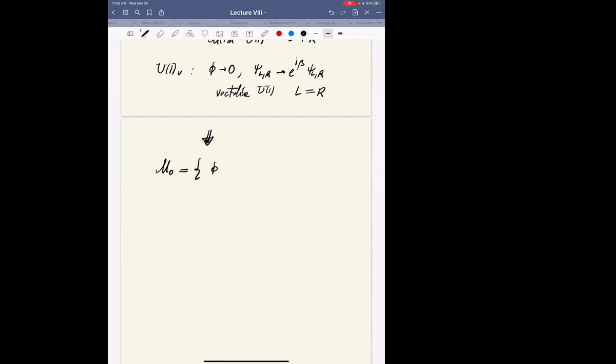Vacuum manifold, φ_0² equal v². It's a circle. A set of all points that minimizes the potential. This is the vacuum manifold. It's a circle, and that implied the following.